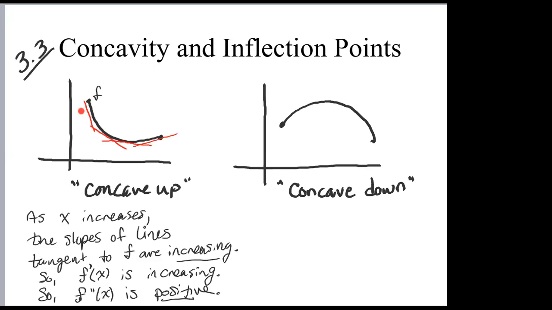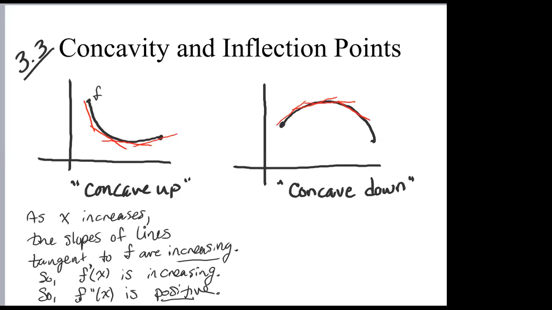I can state something very similar about a concave down shaped portion of the graph. We might see here that if I were to draw lines tangent to the graph of f, then the tangent line will be positive here. As I move further to the right, the slope is still positive, but it would be less positive. I move further to the right, that slope is 0. Further to the right, the slope becomes negative.